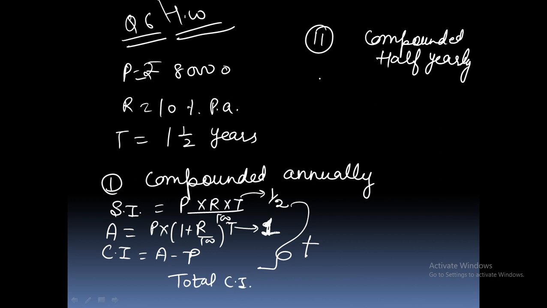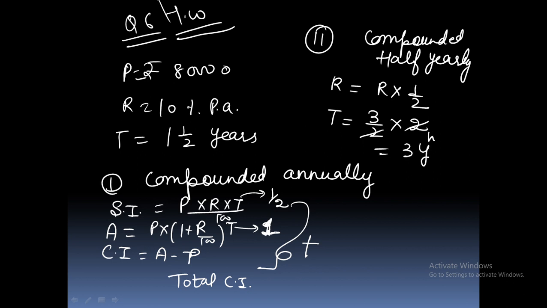And in this case rate is equal to rate multiplied by 1 by 2 and time is also multiplied by 2 and you will get 3 half years. Or here 10, 2 ones are 2, 2 fives are 10, 5% you will get as rate of interest.